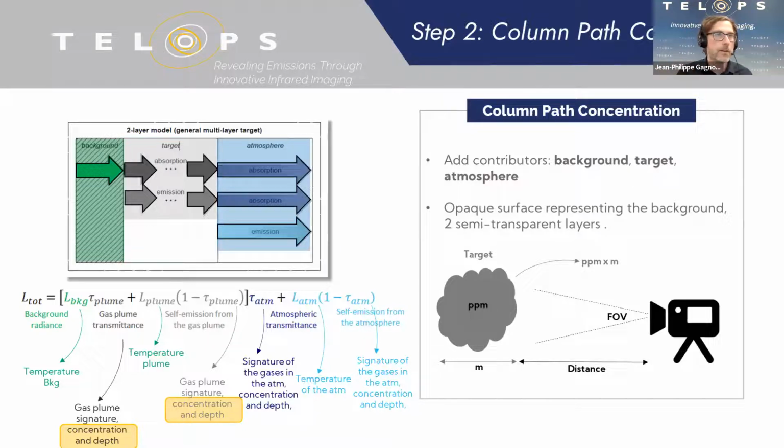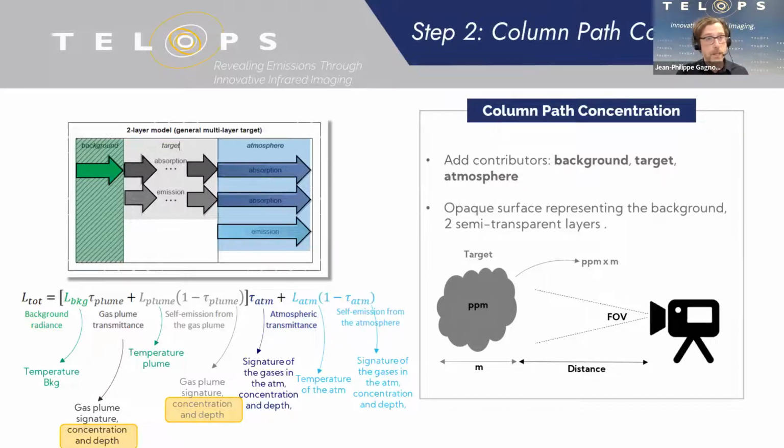And there are quite a number of clever ways that we can use the data to constrain the equation a little bit more. But ultimately, we're able to do a mathematical model of the scene and really extract, from the measurement and all our clever deduction, the properties of the gas plume itself.